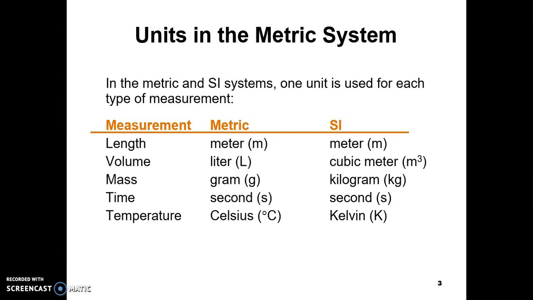In the metric system, the unit for length is meter and for volume is liter. Mass is measured in grams, time in seconds, and temperature in Celsius. We won't be bothered much about the SI system, so let's focus on the metric system.